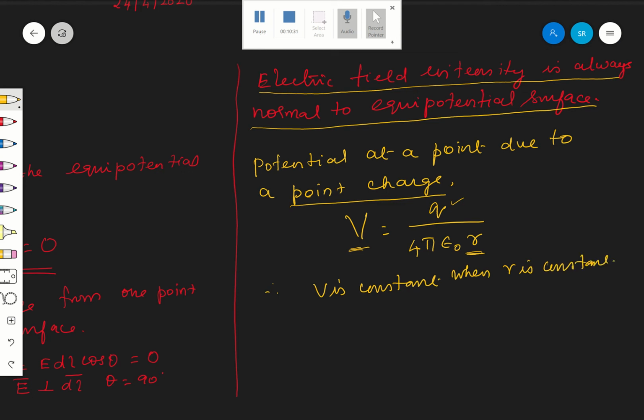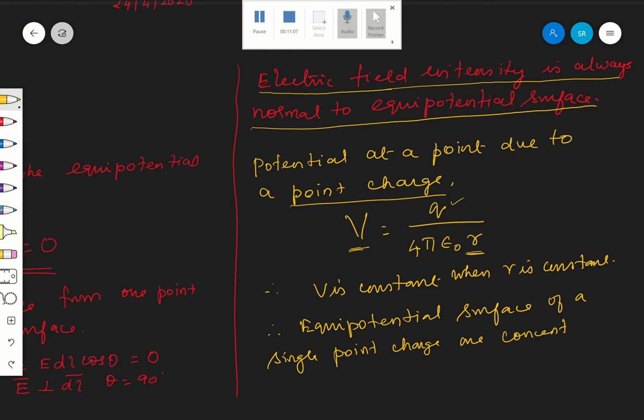For a point charge, the equipotential surface of a single point charge is nothing but concentric spherical surfaces.